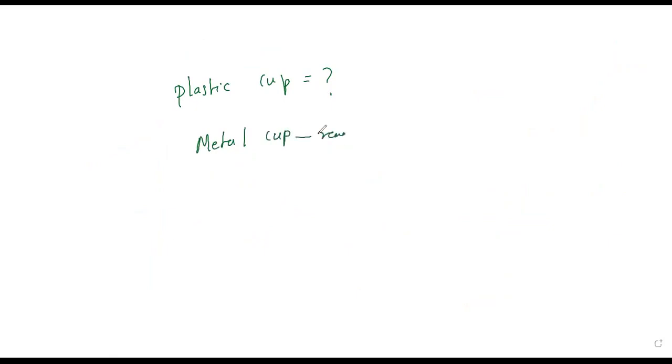Yes, madam, that MX was added in that plastic cup, you mean? Yeah, the system. You have the question paper, right? Look there. They have used a plastic cup, not the metal cup. What is the reason? Why can't you use it?